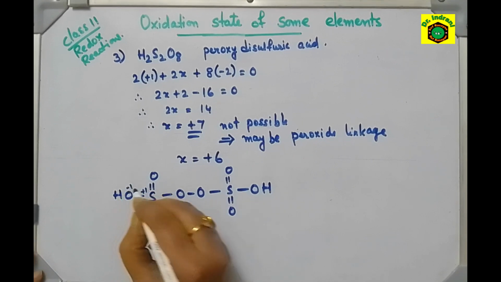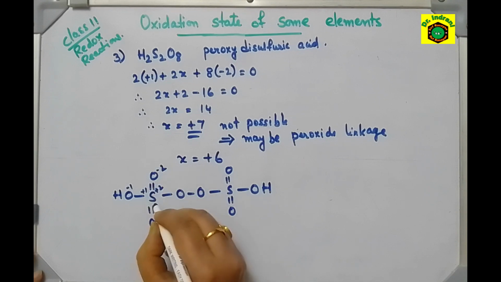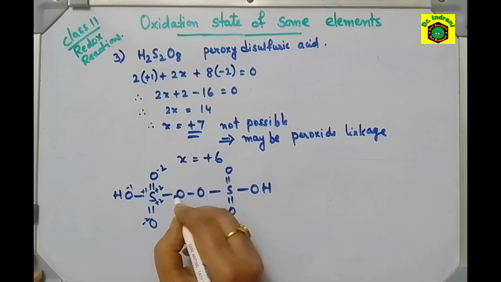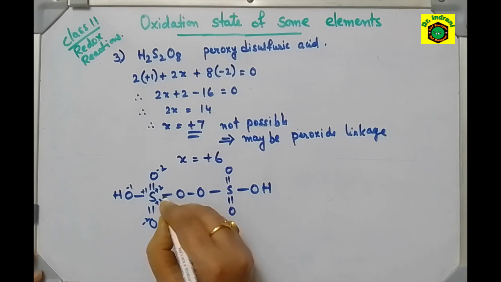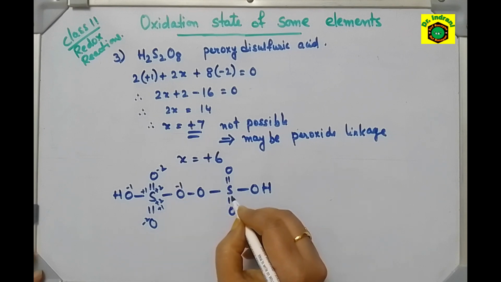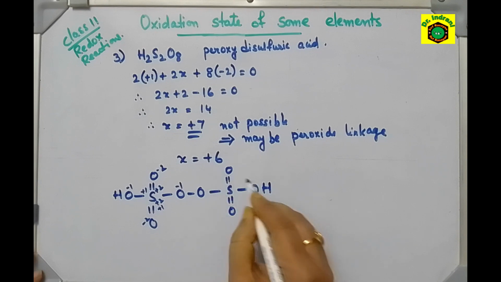Here it is -1. This part will be +2. Here -2. This part will be +2. Here -2. For this bond, this part is +1 and here it is -1. Same thing will happen here also because the bonding pattern is the same.